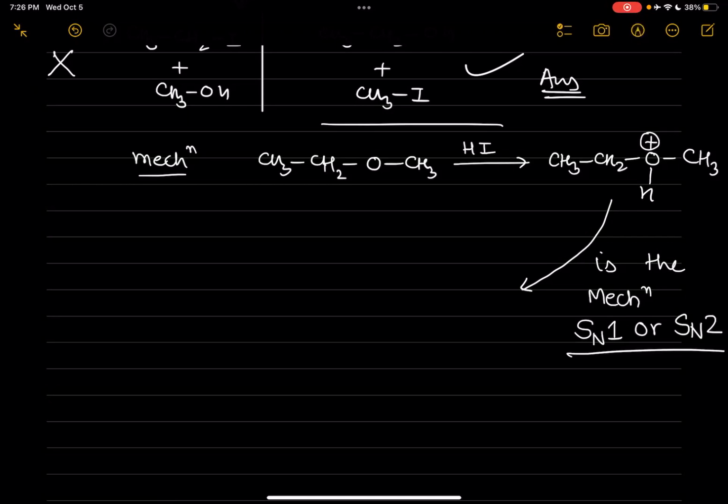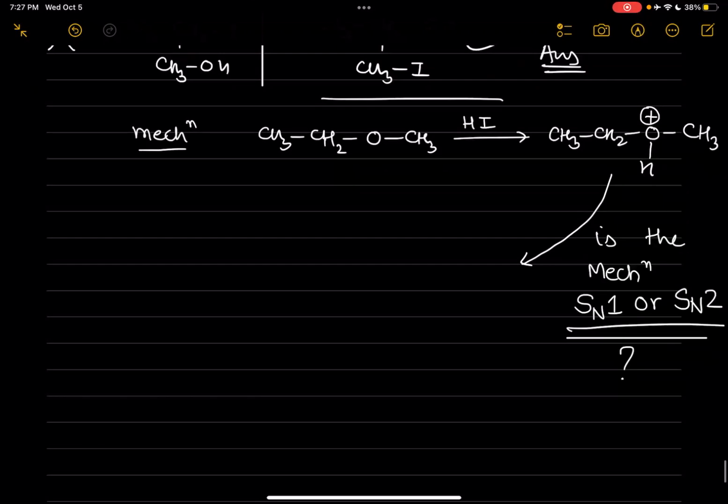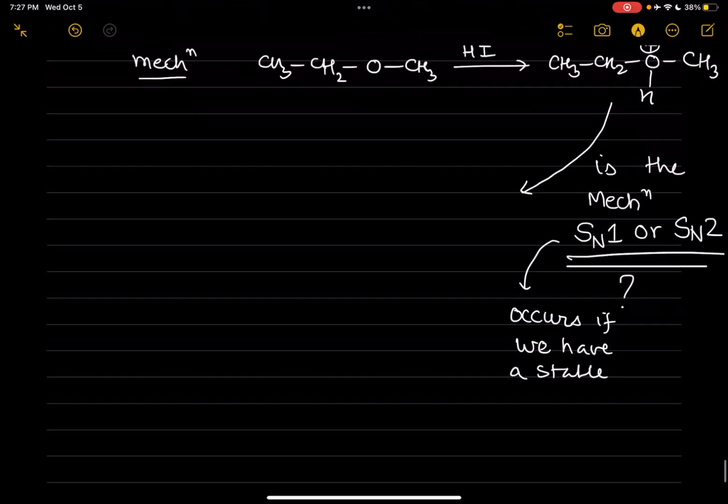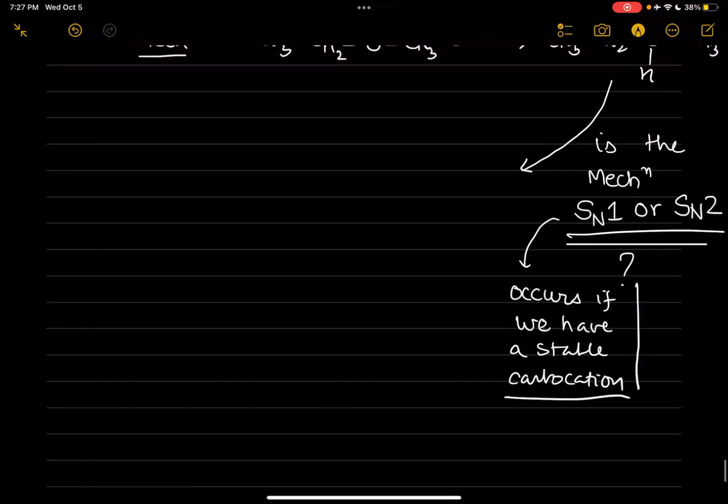Okay. SN1 or SN2? SN1 occurs if we have a stable carbocation.